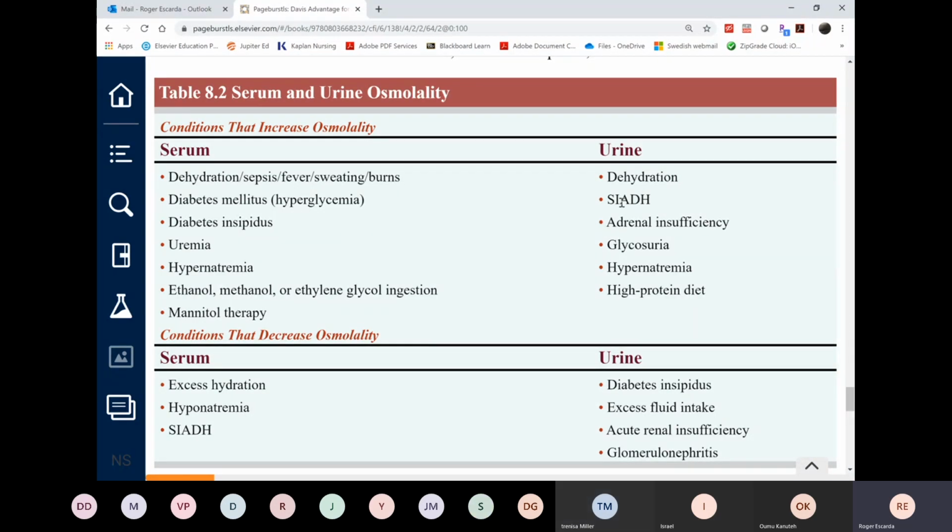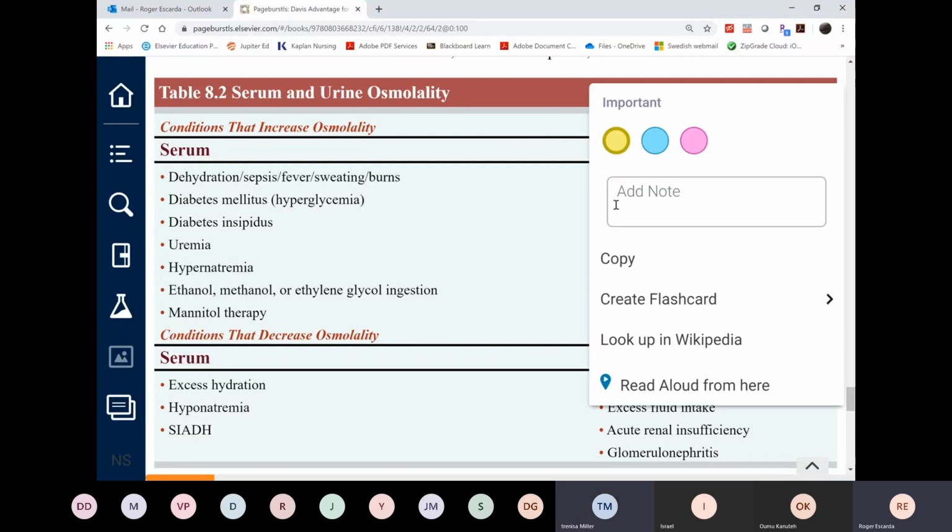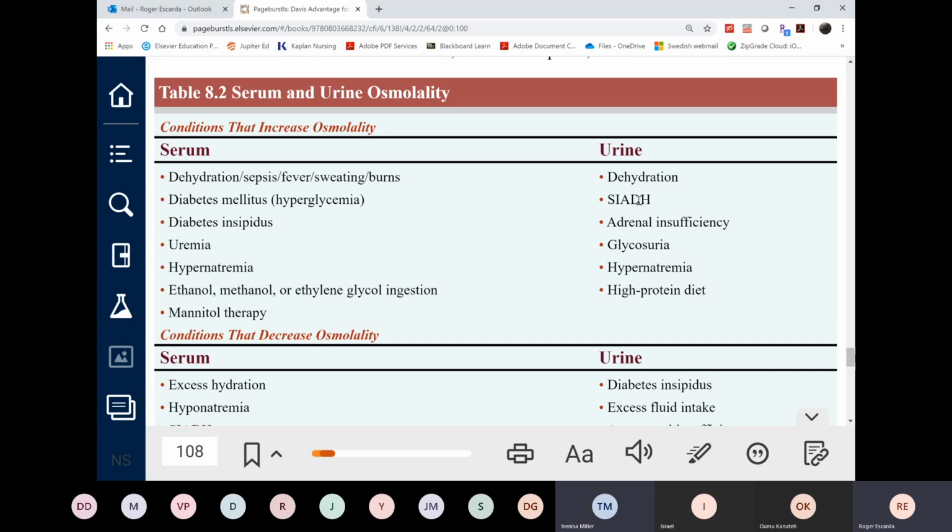In fact, SIADH is a fluid overload problem. However, because they have so much ADH, because this stands for syndrome of inappropriate antidiuretic hormone, this patient has a really high level of antidiuretic hormone. Therefore, they will reabsorb water at abnormally high amounts. Because of that, the urine output drops and looks very dehydrated, very concentrated.